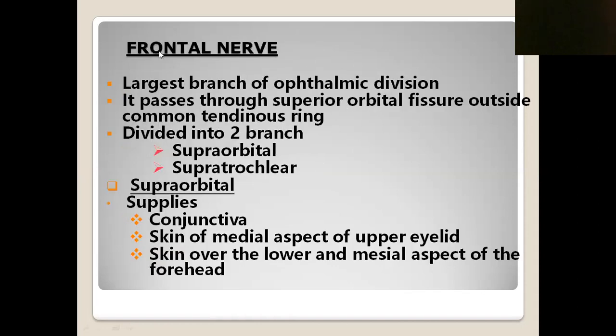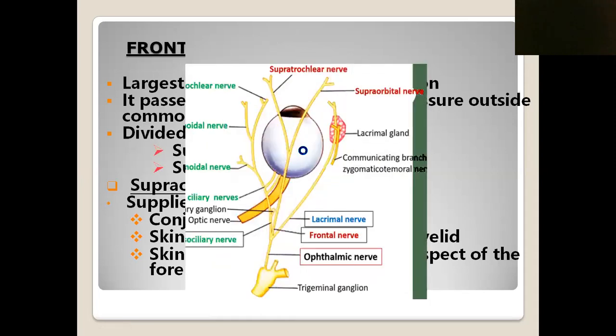Now we are going to see the frontal nerve. Frontal nerve also runs forward and enters the orbit through the lateral part of the superior orbital fissure, not through the middle part.